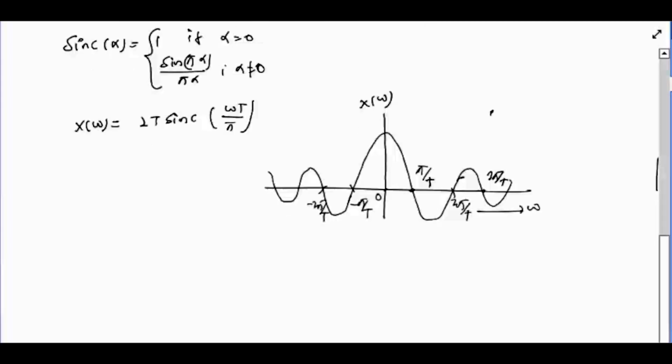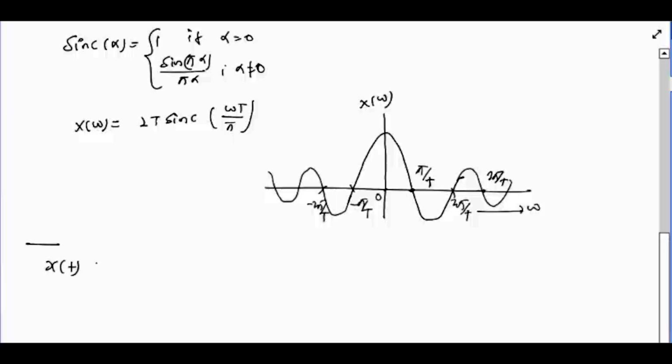Okay, now let's see. Having seen Fourier transform of a signal, how can we retrieve the signal given its Fourier transform? So the inverse of Fourier transform, in other words, here is the relation.